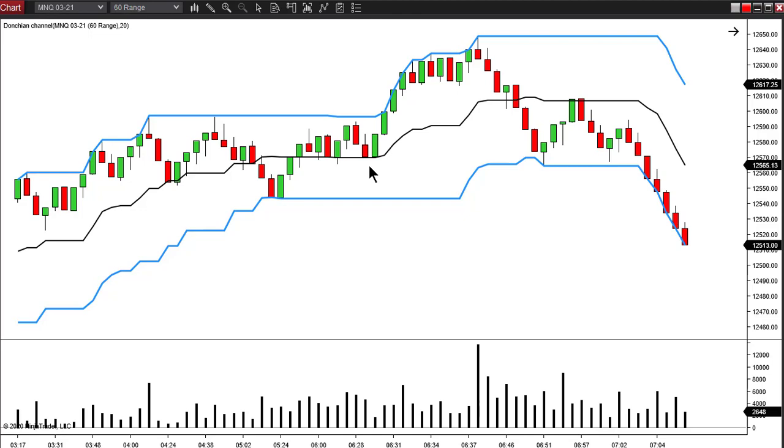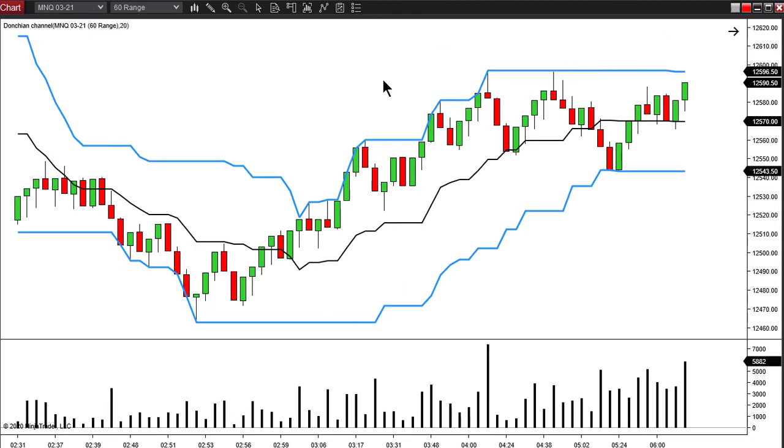So when you put the two together, this is my point, put range bars together with the Donchian channels, okay, now we're looking for some better signals, potentially.